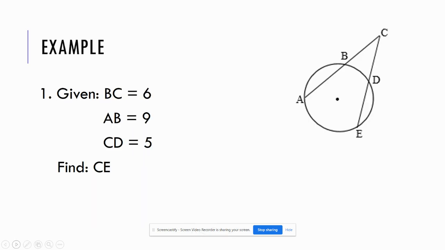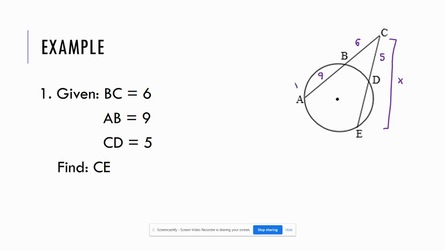So if we're looking at this first example, notice we are given BC to be 6, AB to be 9, CD to be 5. We want to find CE. So I'm going to call that x. So once again, if I'm thinking about whole times external and I start with the secant AC, I'm not given what the number for the whole entire secant is.